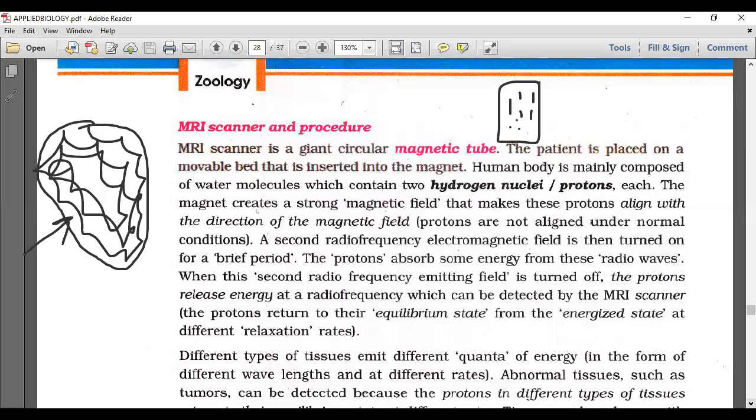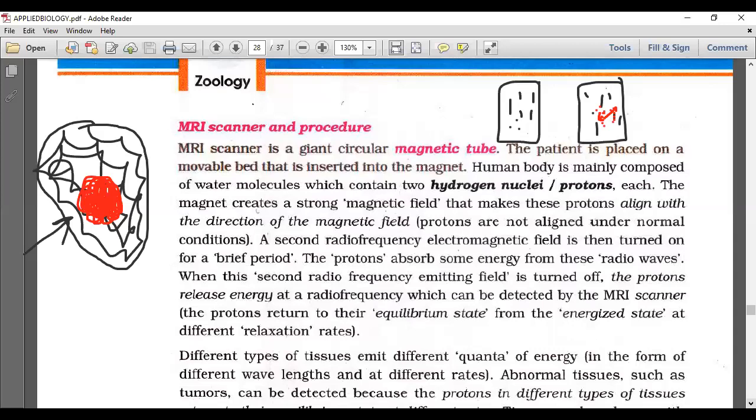The minute tumors develop, the cells in that area are much more densely arranged. So definitely you will get an image which is different from the normal. You will find it. Normally I'm saying, with this you don't become a doctor or a radiologist, but that kind of difference can be observed easily.